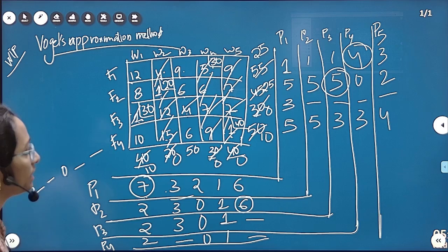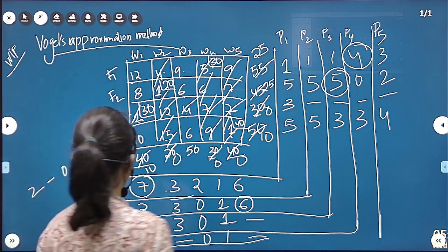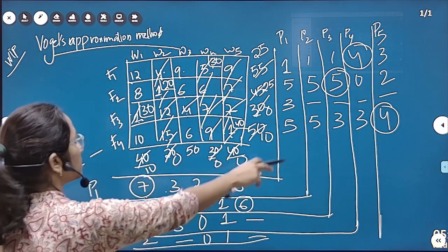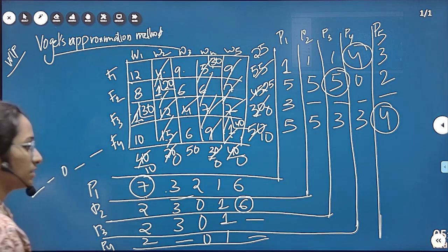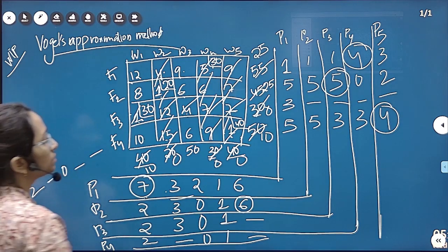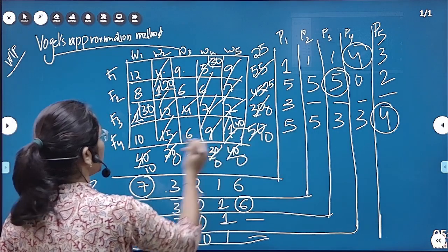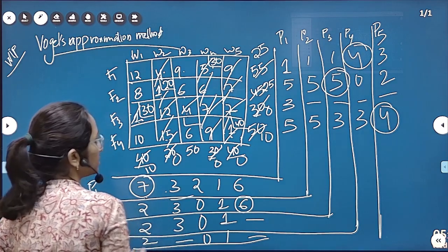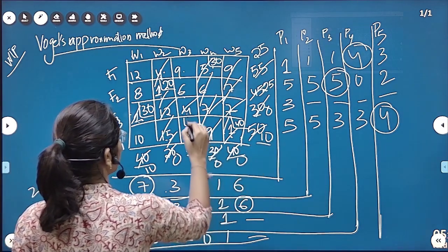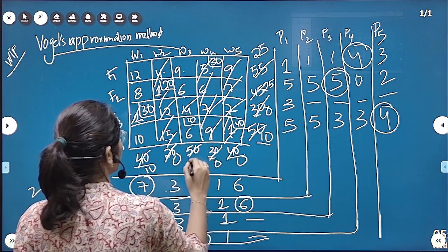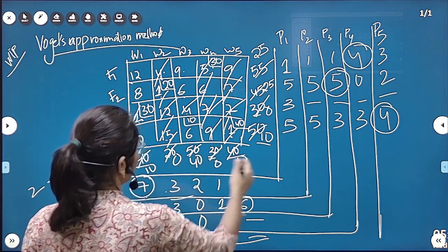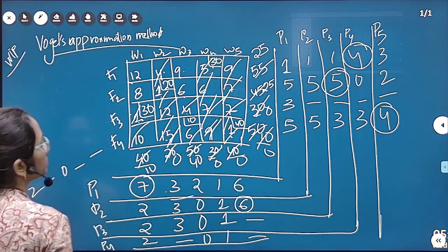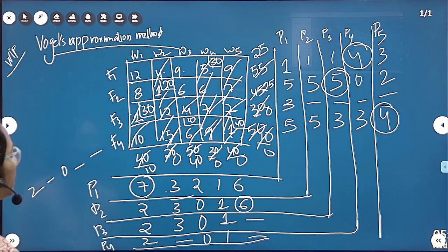So tell me, the higher number is 4. So this is row wise and that is column wise. It's 4, right? So 4 is in which row? P4's. So here the least cost is 6. So how many units are there here? 10. So you can cancel only 10. So there are still 40 units. So make it 0 and cancel this. Okay, next P6.